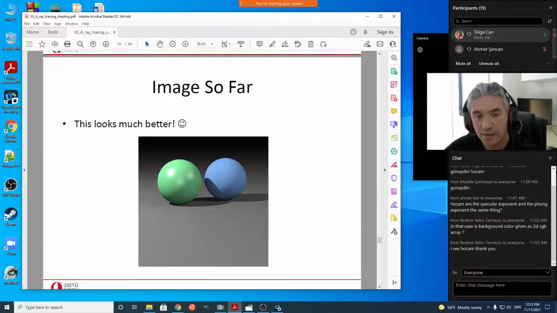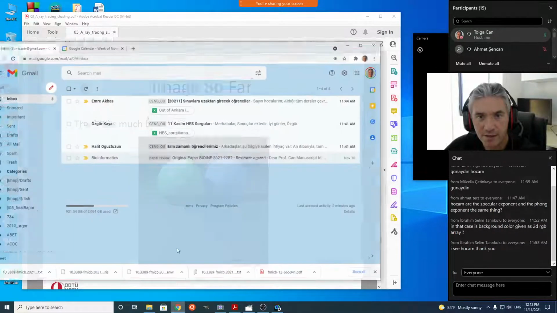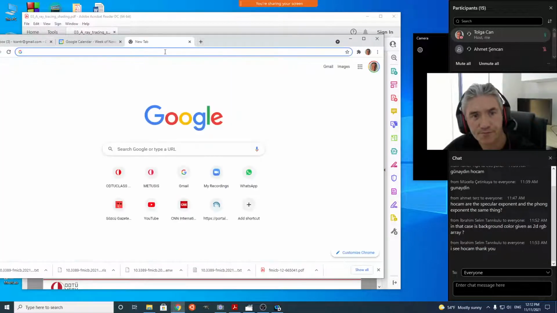For example, if this was a mirror-like reflective object, the blue ball, we should see some blueness on this green sphere if it's a mirror-like object, just like the image I showed you here.